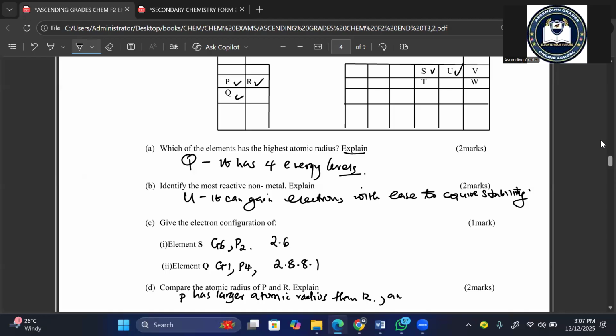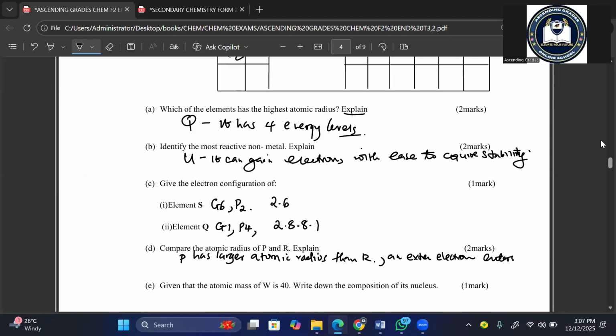An extra electron enters the same energy level, making the nuclear charge stronger across the period.